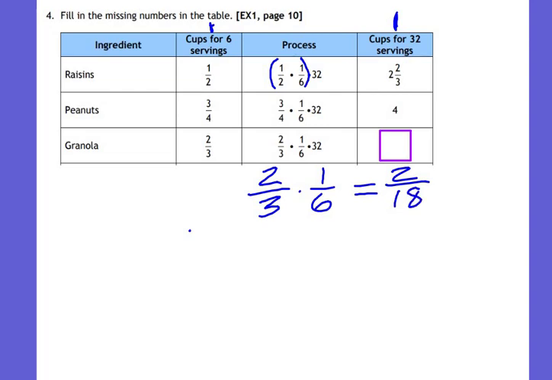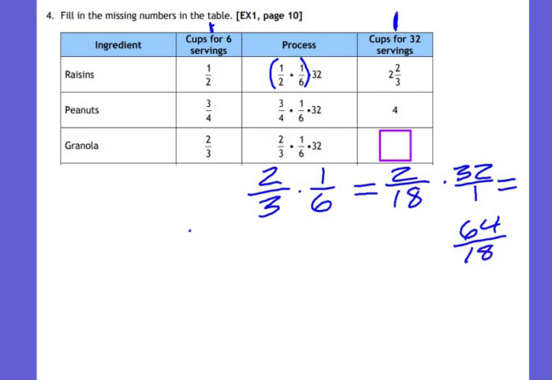Then I multiply that times what? 32 over 1, because there's no divide, it's just times. So it's really 32 over 1, or 32. That gives me 64 over 18.